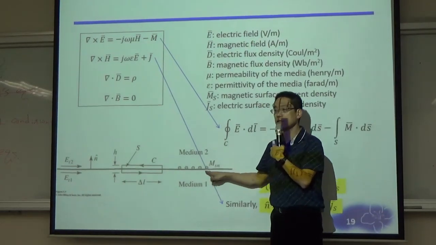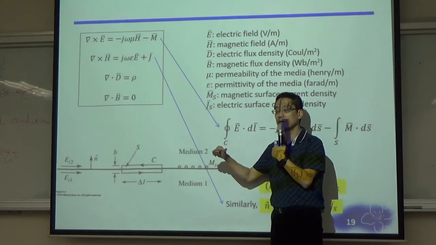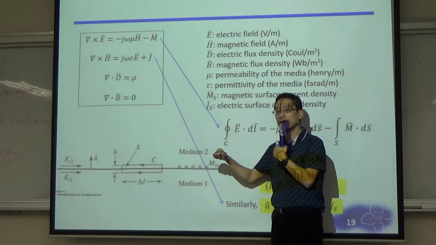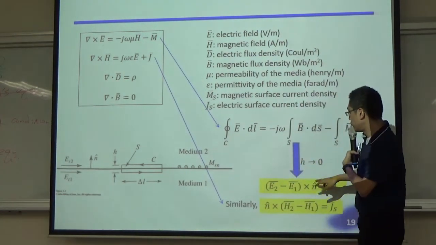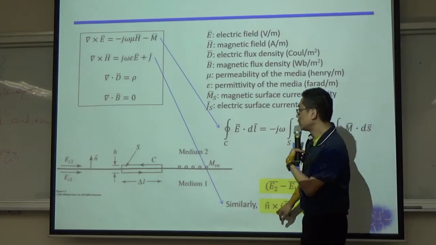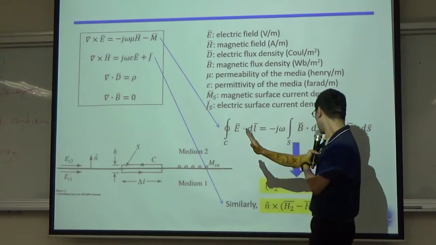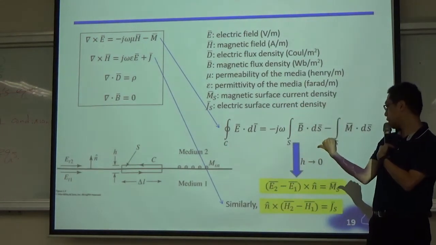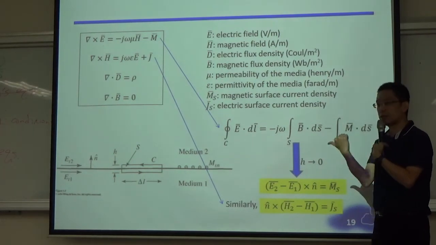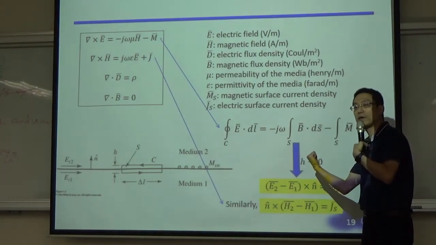You can see the small circle here. Okay? And if your direction N is this direction, close to the H, this direction, so your J direction is inside the paper.